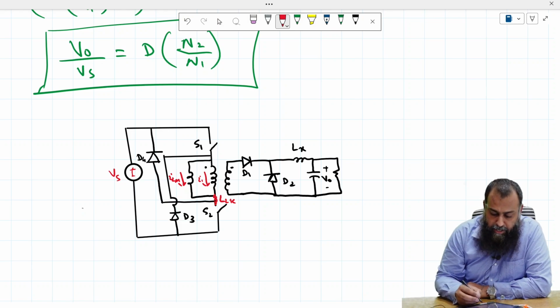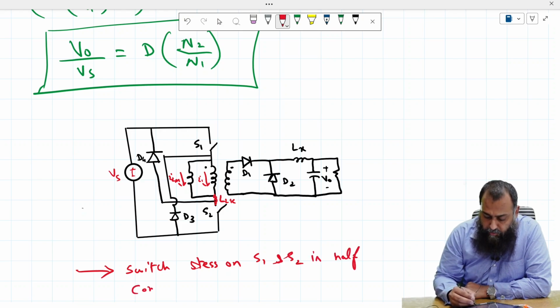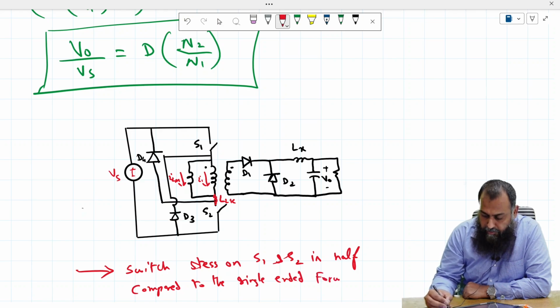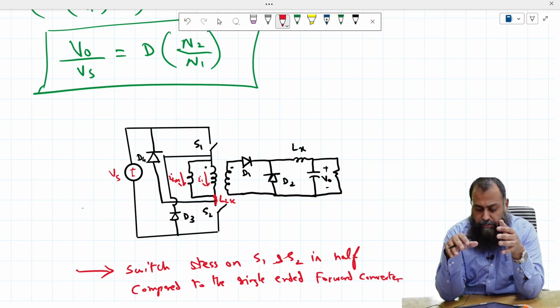The other beauty of this converter is that the voltage stress on the switches S1 and S2 is half compared to the single-ended forward converter, right?